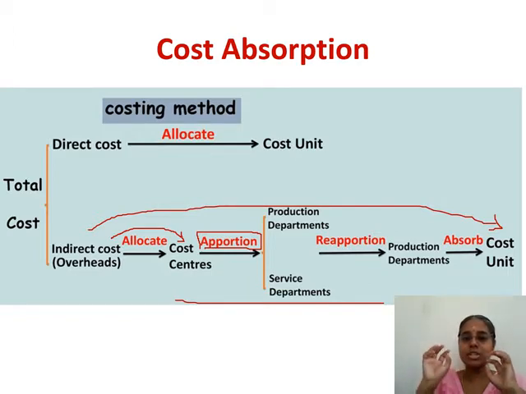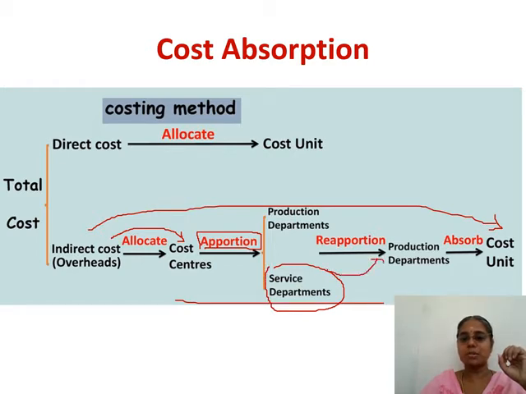Apportion means you are dividing it into various portions for the production and service departments, and the service department is again reapportioned to your production department. So already the total cost is divided for the production and service departments, because only in the production department you have the cost unit. The service costs are again reapportioned to the various production departments, and then it can be absorbed to the cost units.